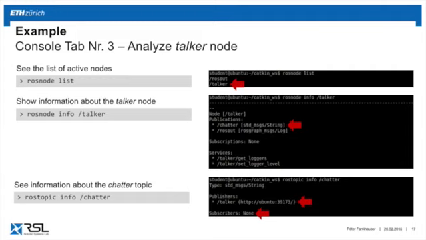So by typing in rosnode list, you should see the node which you just started in console number 2. You should see that you have here your talker node that you just started.